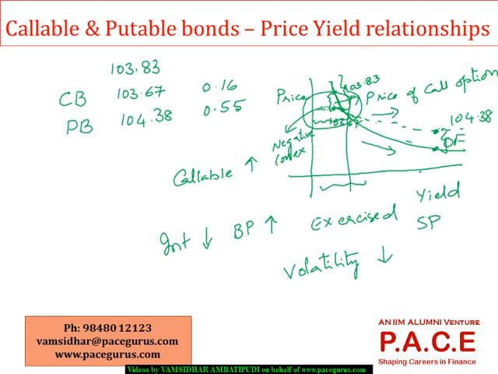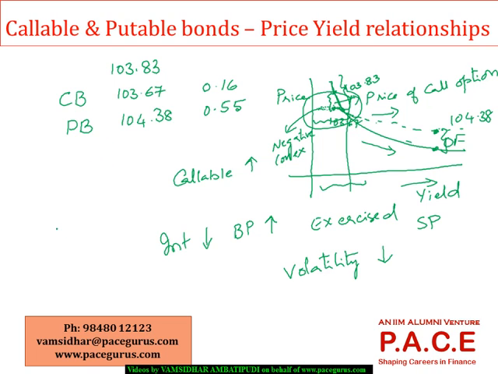So as and when the interest rates are increasing, we see that the putable bond will carry a higher value. If the interest rates are decreasing, the value of the callable bond will actually go down, because the price of the call option will keep increasing.